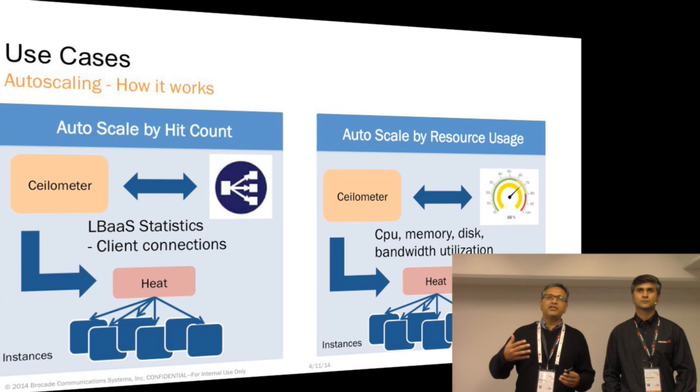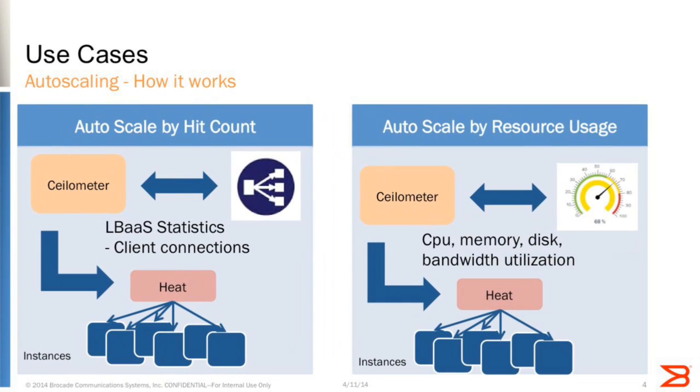When the number of clients increases on your workload, we can monitor the load balancer, look at the number of connections coming in, and based on that, we can spin up the number of instances for your workload. Whether it's an e-commerce workload or some kind of content management system, it doesn't matter. So Ceilometer will continuously monitor the load balancer and then call the heat templates to spin up multiple instances.